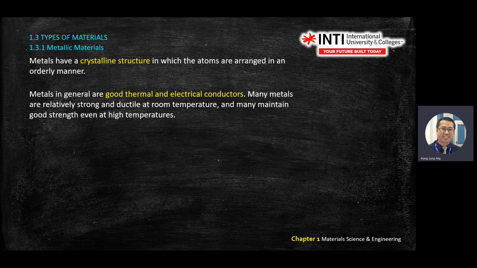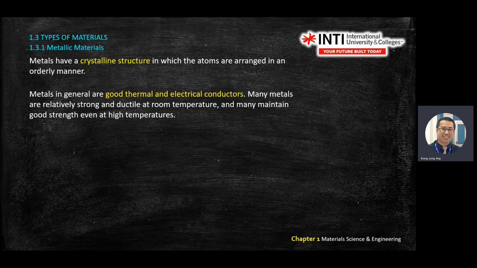The definition of crystalline structure is that the atoms are arranged in an orderly manner, meaning there's a sequence or way of arranging them. When it comes to a test or exam, I don't look at your grammar. I look for keywords. You can write in your own understanding, but make sure you mention the keyword and bring the meaning. If I can understand what you're writing, then you get the marks.